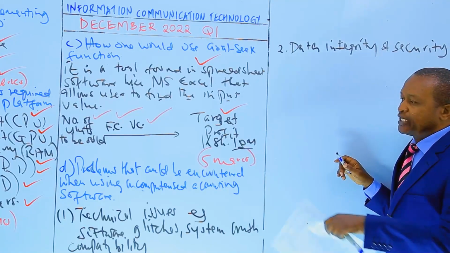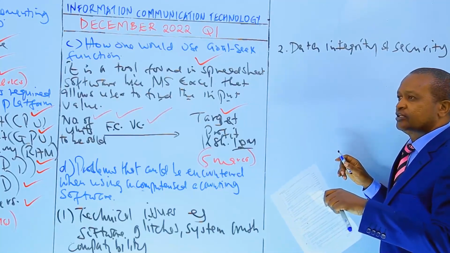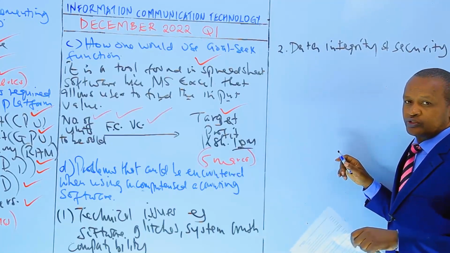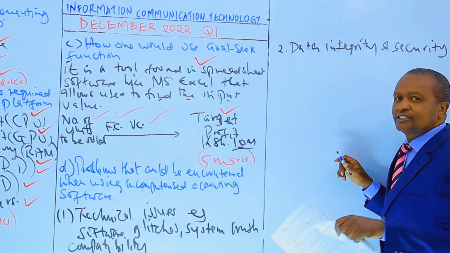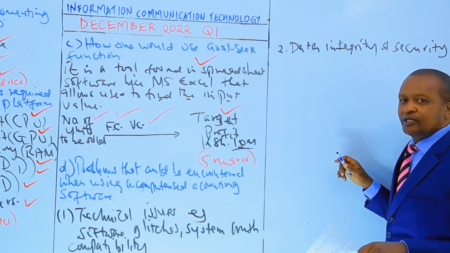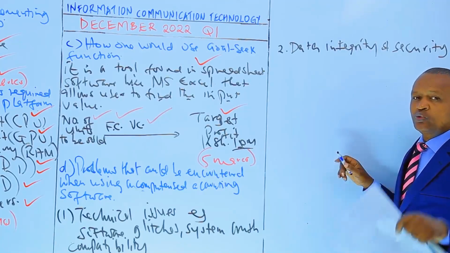We are talking about accounting. Accounting has to do with finances or financials. So a computerized accounting system manages sensitive financial data, and maintaining data integrity and security is crucial.